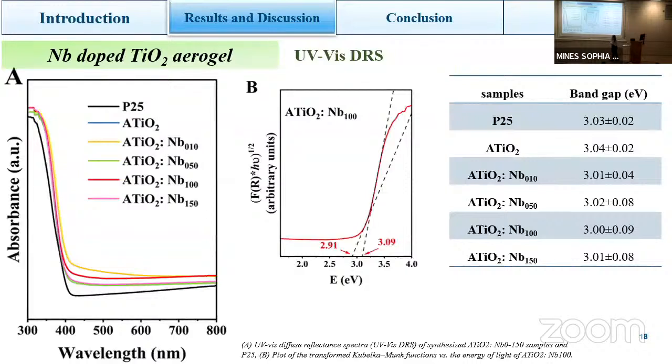Yes, so even though the spectra show there is improvement in the visible light, after we obtained the band gap, it didn't show a clear decrease. So the band gap didn't decrease, but from the spectra we can see the light absorption ability is improved. Okay, because I see on your slide, improved light absorption. What do you call improved light absorption in this case?